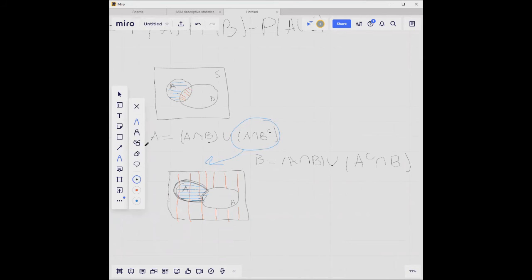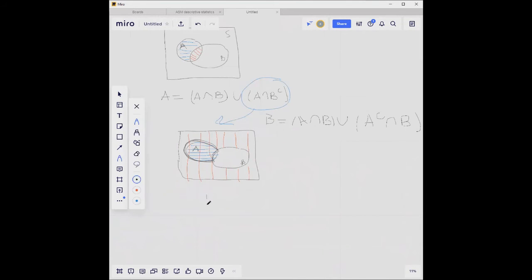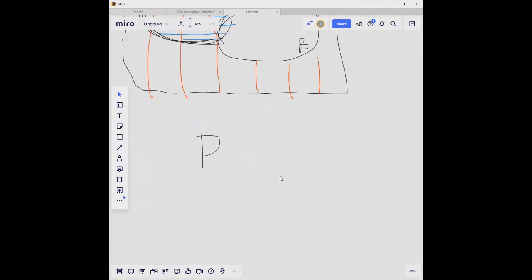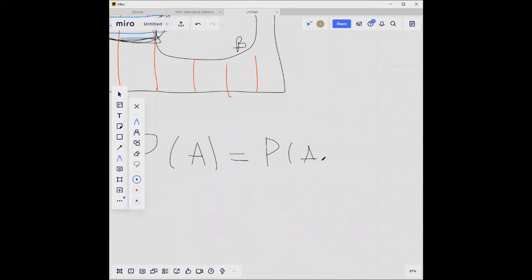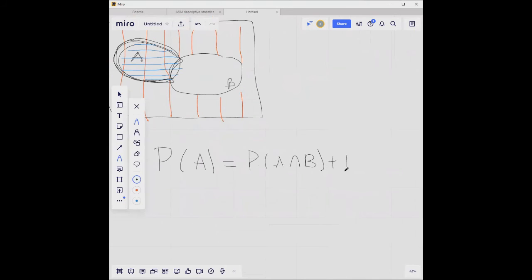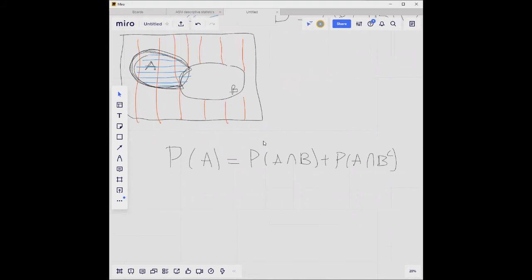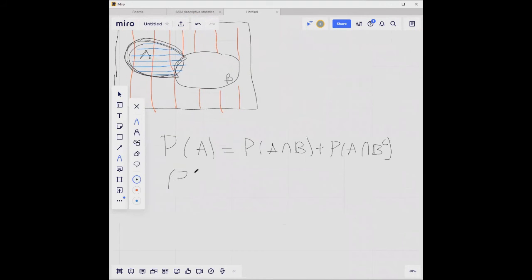So by axiom number 3, the probability of A might be defined as probability of A intersection with B plus probability of A intersection with B complement. And a similar argument for event B: probability of B is defined as probability of A intersection with B plus probability of B intersection with A complement.